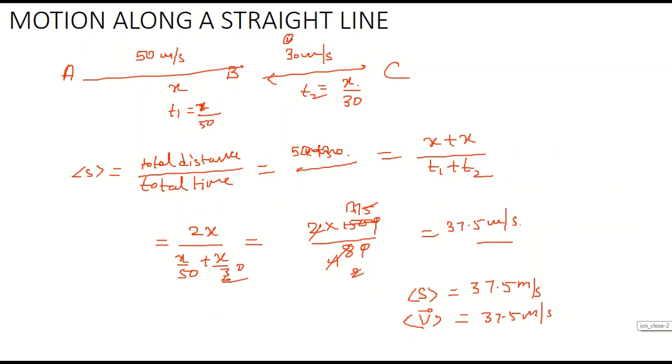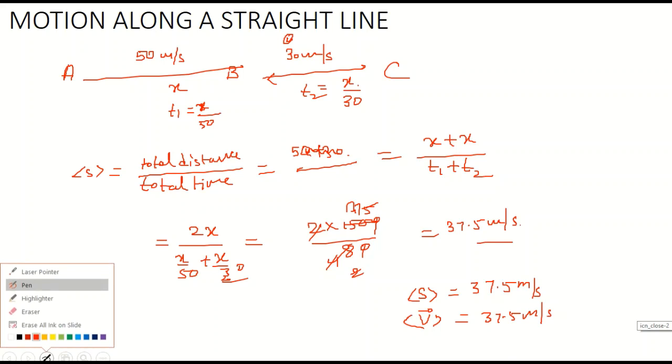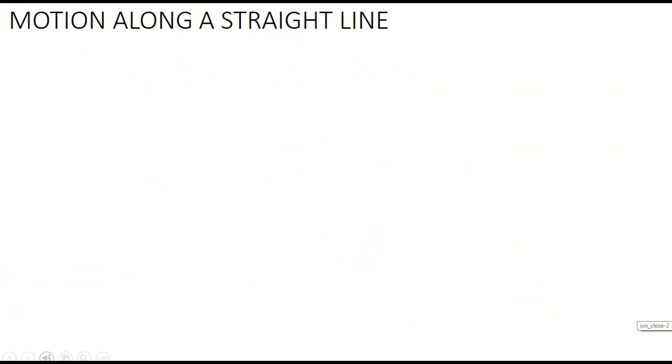Got it? Now, let's suppose an object is moving from A to B to C, starting at 50 meter per second from A to B, and the equal distance is covered at 30 meter per second.